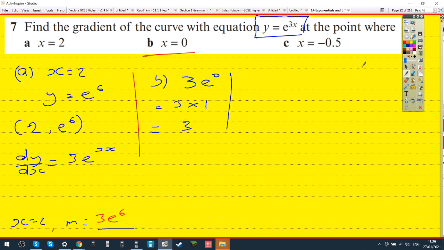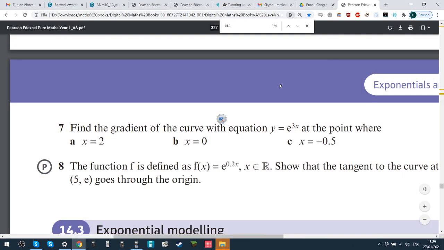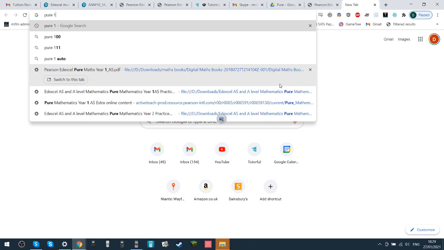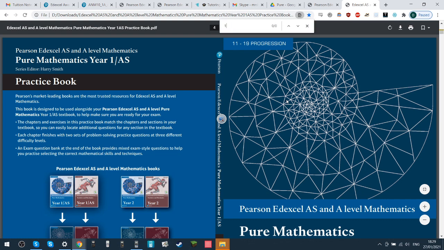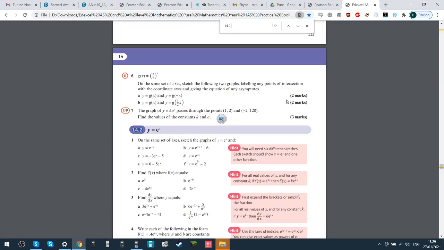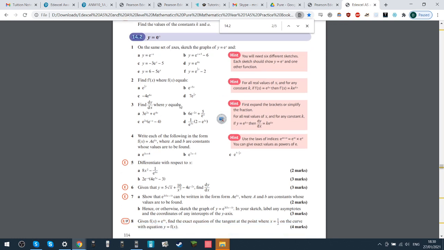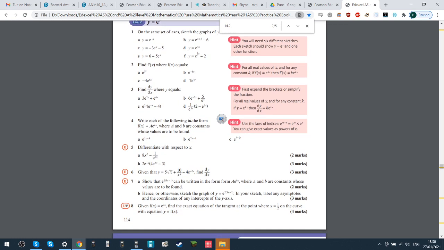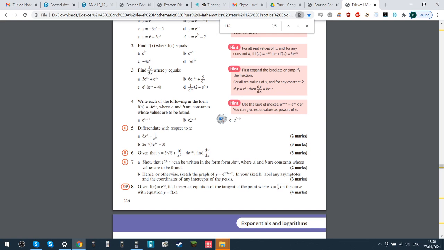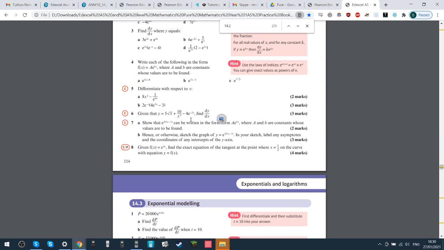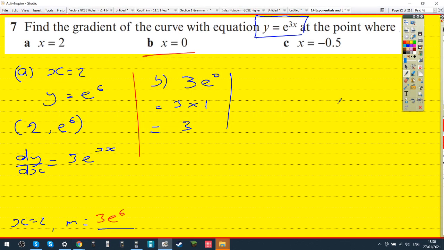That's good. One second, let me get the other book, Pure 1. This one, 14.2. Okay, find dy dx.